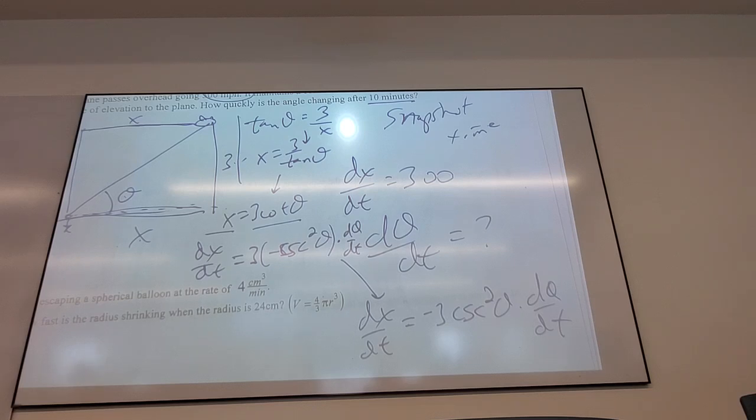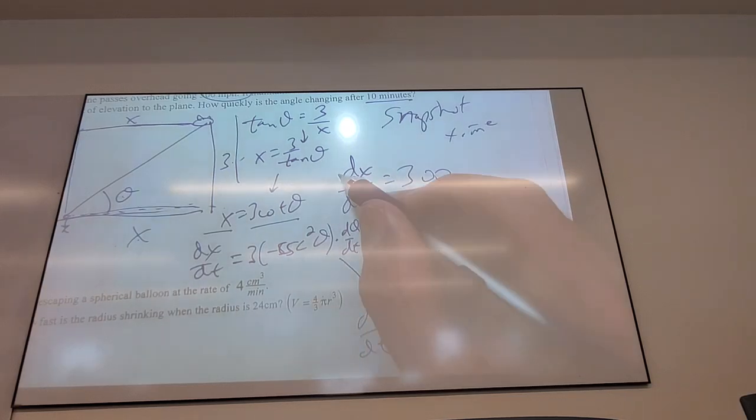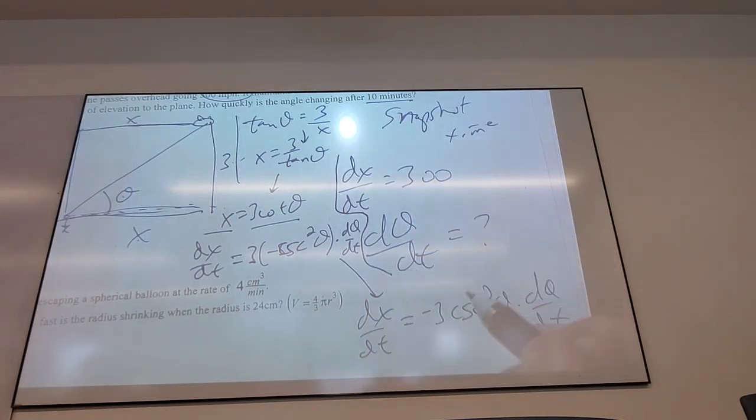Yes? Why would you take the derivative of cosecant only and not the 3? So again, guys, help me out.